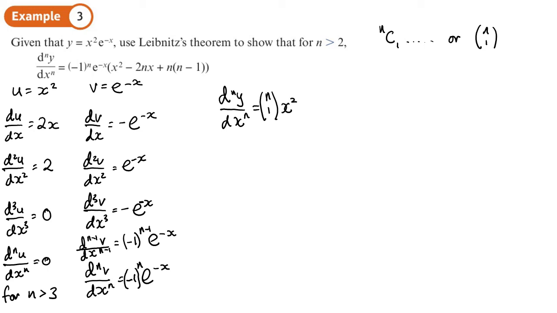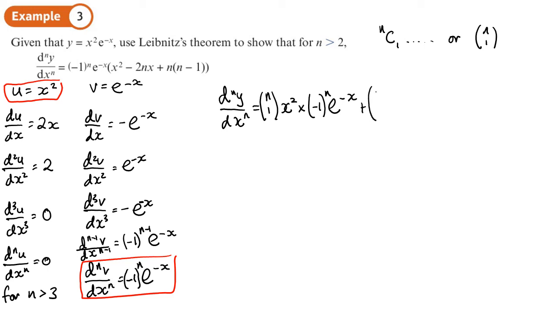If I were to color code it like before, this goes with this. So that will be times negative 1 to the n times e to the minus x. Plus, the next one's going to have a coefficient of nC2 or (n 2) like that.